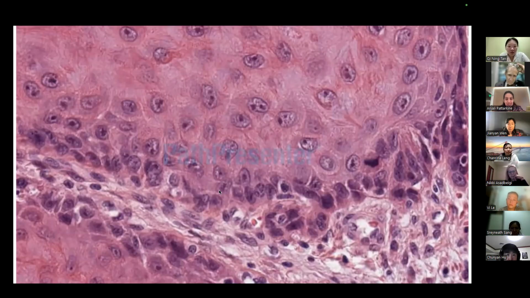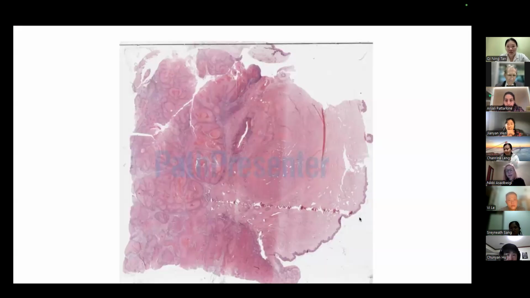Any guesses? These are polygonal cells. Should I go to the diagnosis, Dr. Nikki? Go back to the previous one, please. I think we have someone who wants to give the differential.